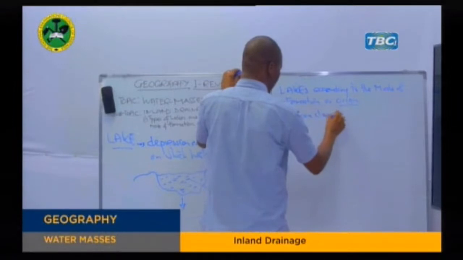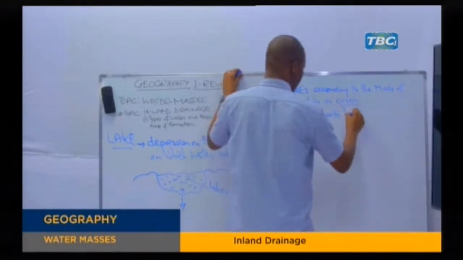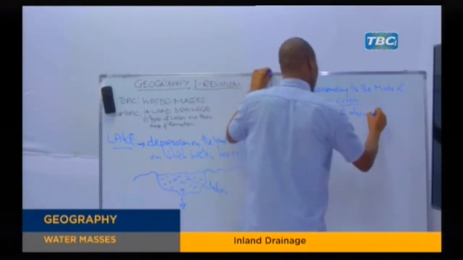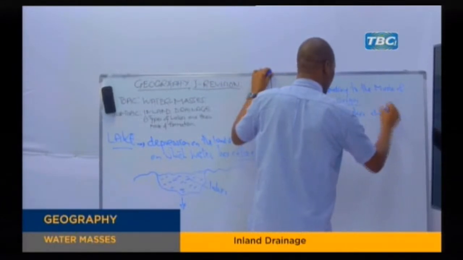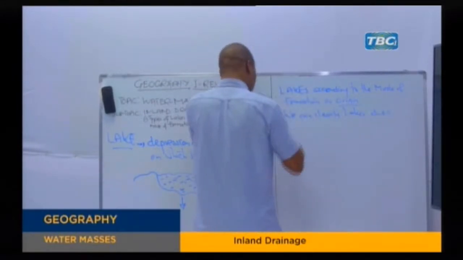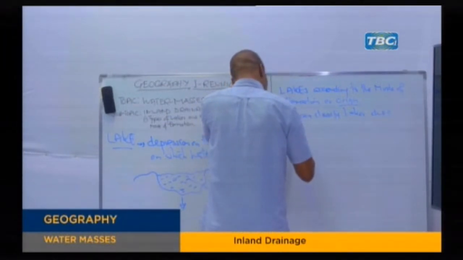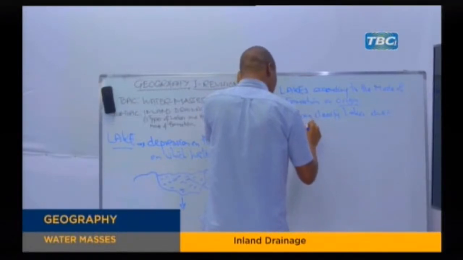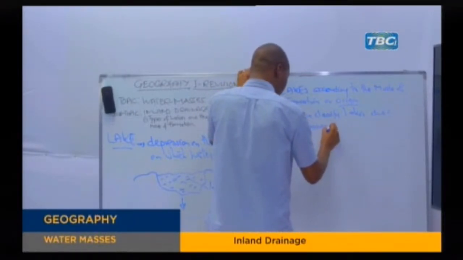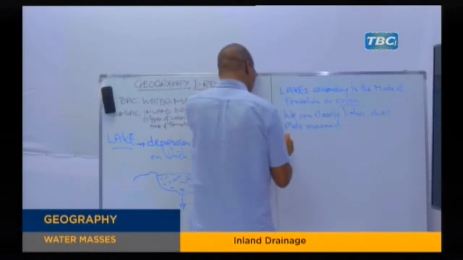We can classify lakes due to... we can classify lake due to plate movement is the first type of lake.